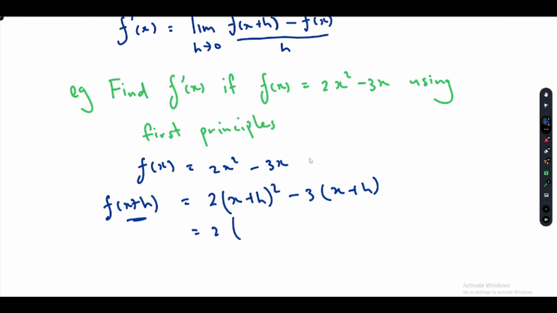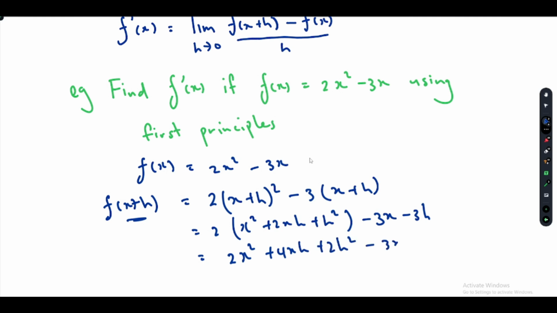Firstly, let me square this bracket, so this gives me x squared plus 2xh plus h squared, multiplying the negative 3 into the bracket, minus 3x minus 3h, multiplying the 2 into the bracket, 2x squared plus 4xh plus 2h squared minus 3x minus 3h.